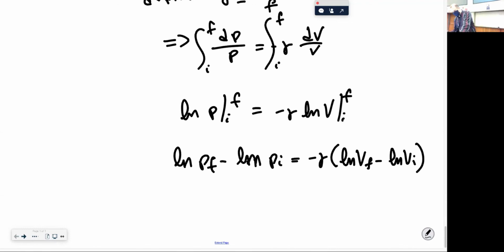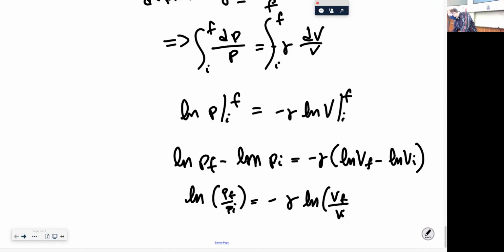And we're almost somewhere profound. Stick with me for just a second. Using what we know about logarithms, if you have a difference between two logarithms, you can make that a ratio of those quantities inside the logarithm. We have the log of pf over pi equals negative gamma times the log of vf over vi.